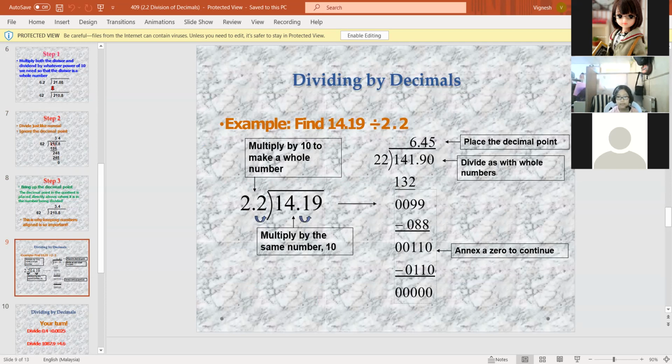You bring the 0 down. 5 times 22, it becomes 110. So 110 minus 110 is equal to 0. No more remainder. Understand or not? So the answer is 6.45. Yes. Okay.